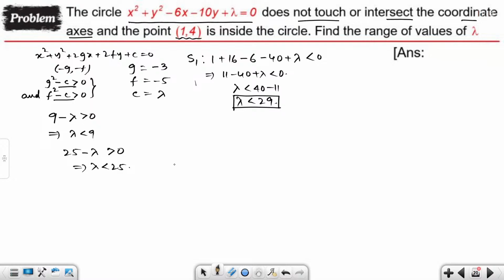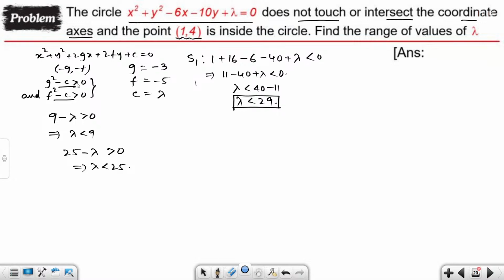Yes, I think I have done all correctly. Oh, I'm sorry. Oh my God. I have done one major mistake. They are saying that it is not touching or intersecting the coordinate axis.